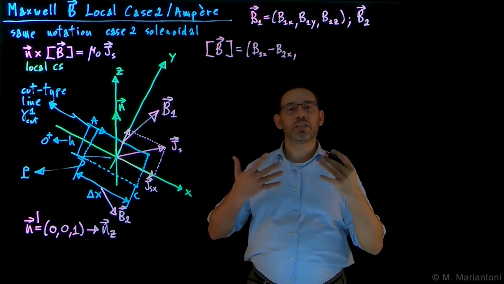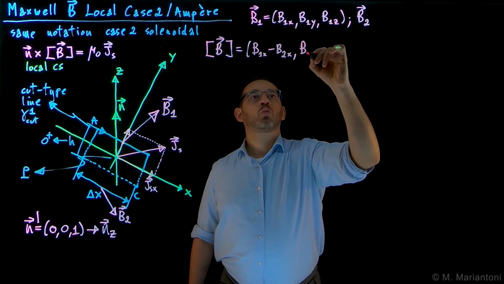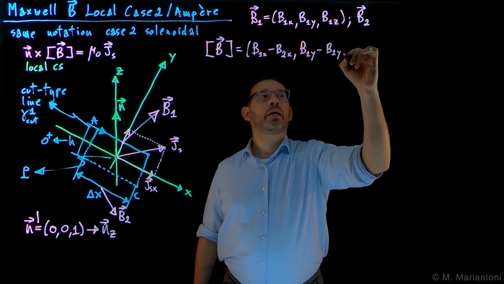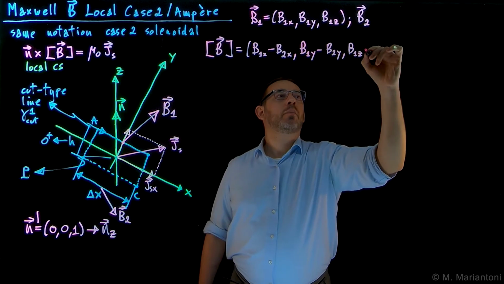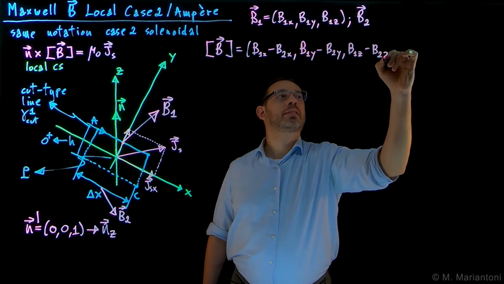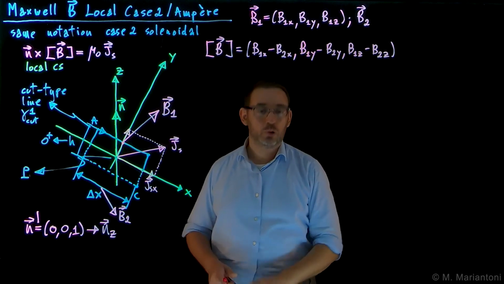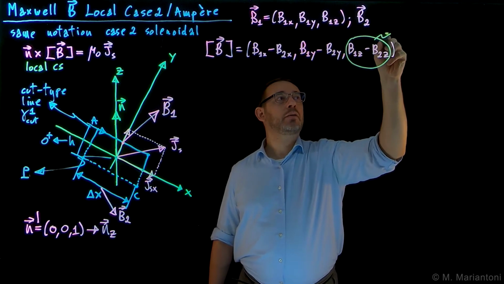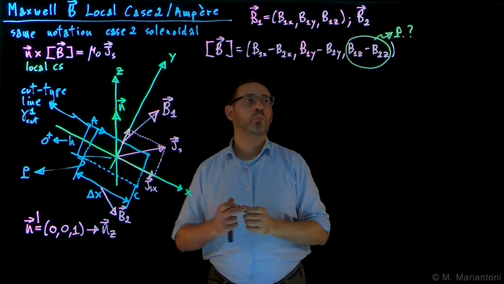So it's the discontinuity, if you want, in proximity of capital P, B1y minus B2y, and finally, B1z minus B2z. Now, let me ask you this, and you discuss this in Piazza. Do we already know something about this component here? Is it continuous or discontinuous? Discuss this in Piazza.